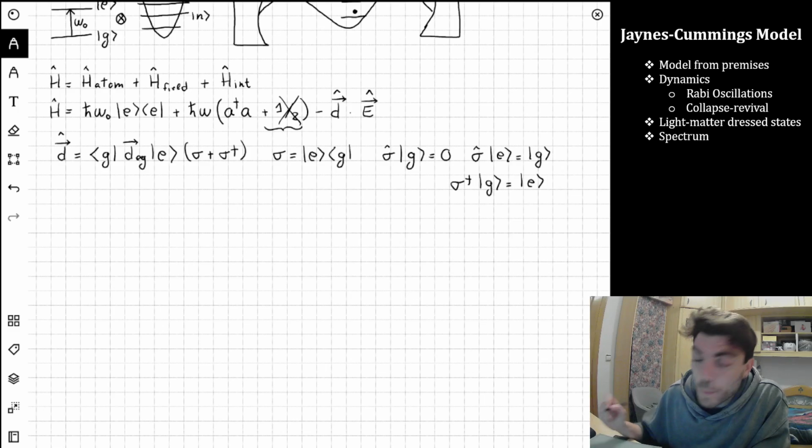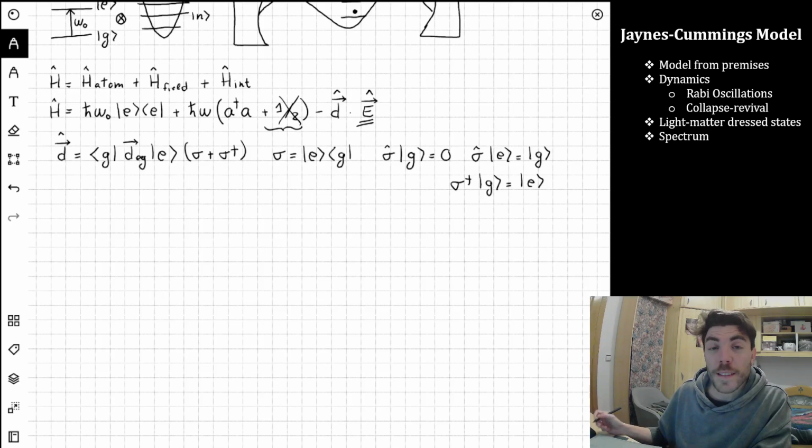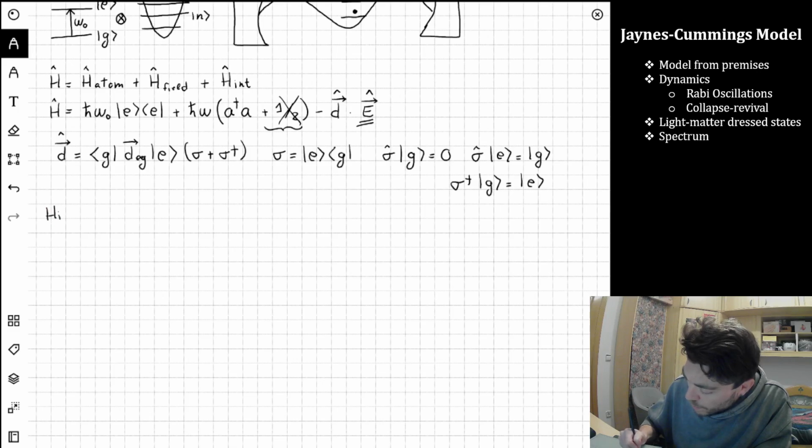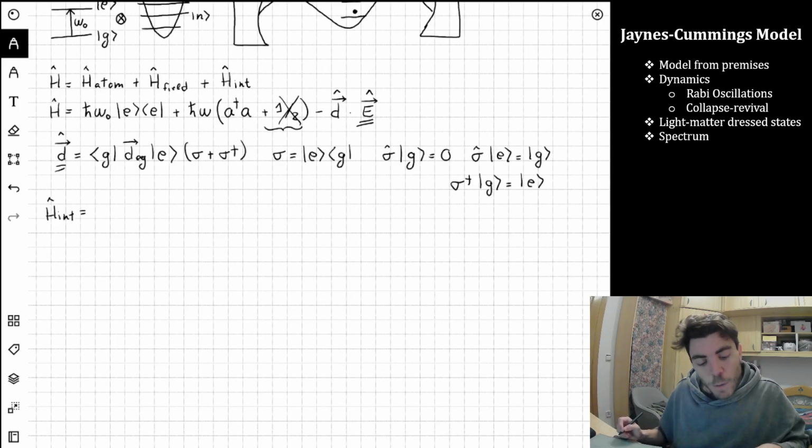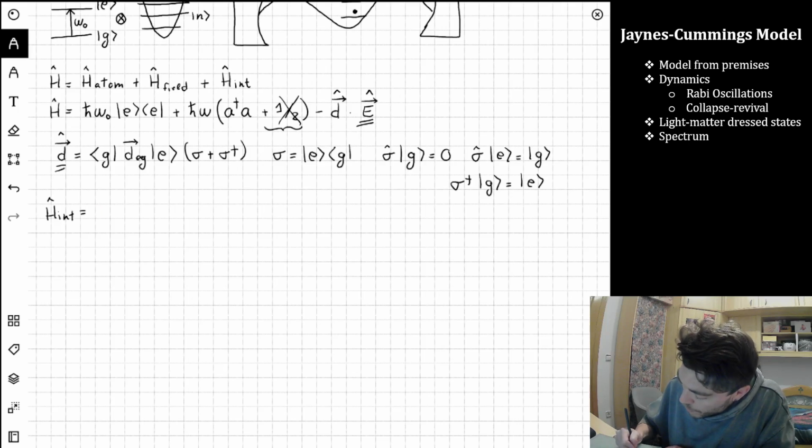And I just wrote before the electric field operator inside the cavity. So let's write the interaction Hamiltonian just by substituting what we know about D and what we know about E. When we do that, we get minus this electric field created by a single atom, h bar omega over 2 epsilon 0.